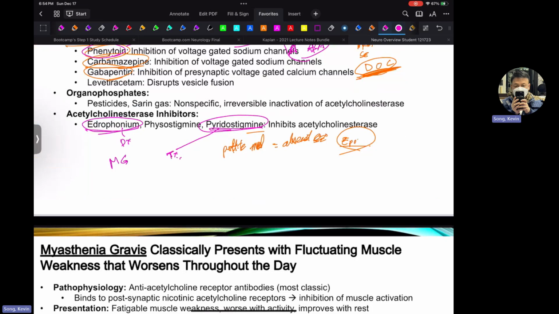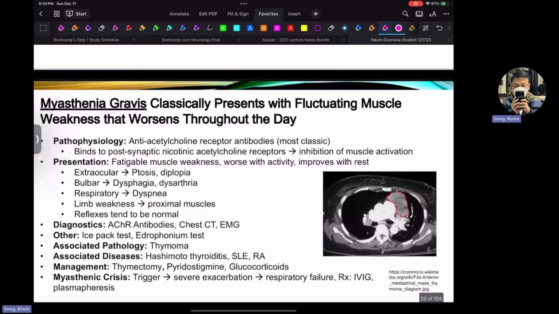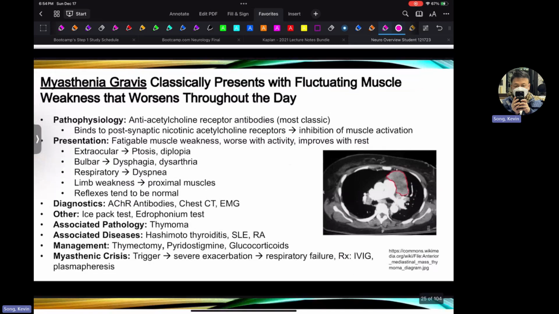And this one is because of the BBB. Another big association here is a thymoma. Edrophonium test, treatment pyridostigmine. And because it's thymoma, thymectomy. Okay, and because it's autoimmune, you use steroids too, right?